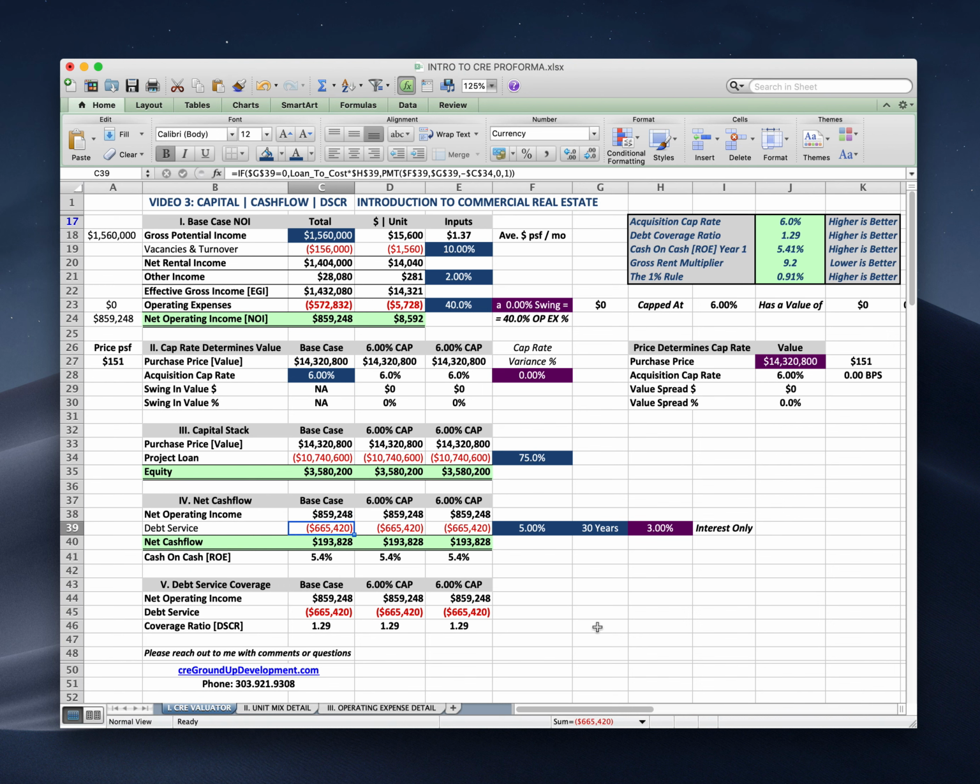And the debt service for this almost $11 million loan is calculated by a payment that, if you look up here in the formula bar, don't freak out.